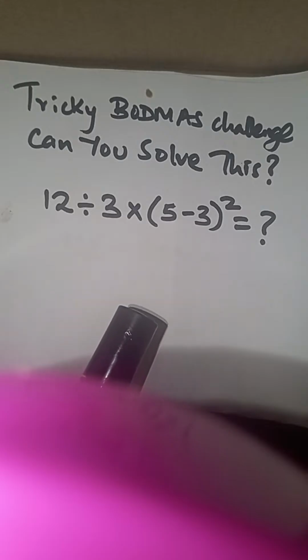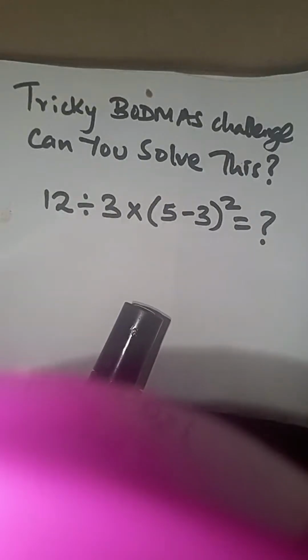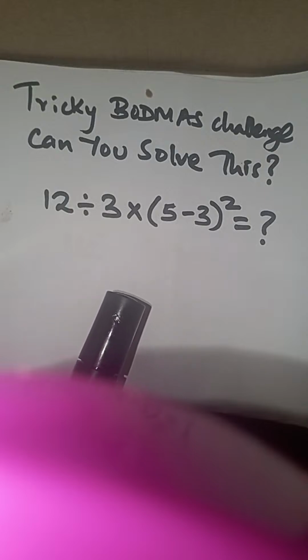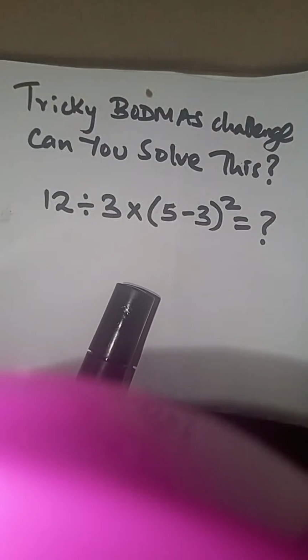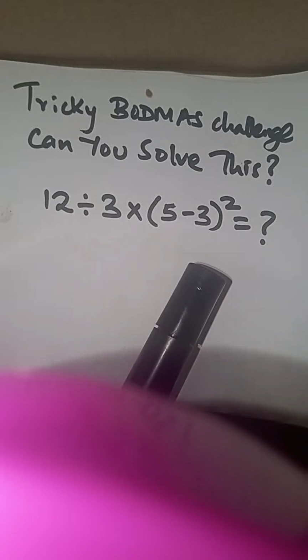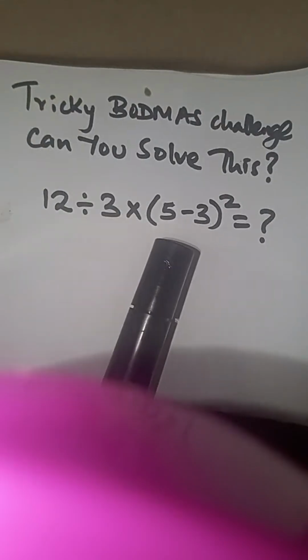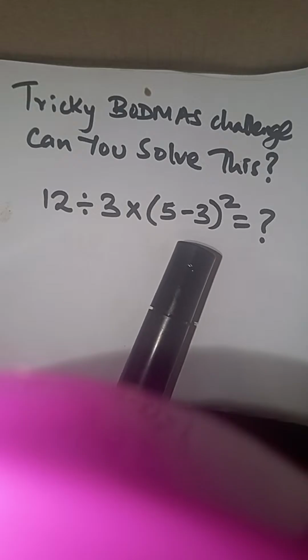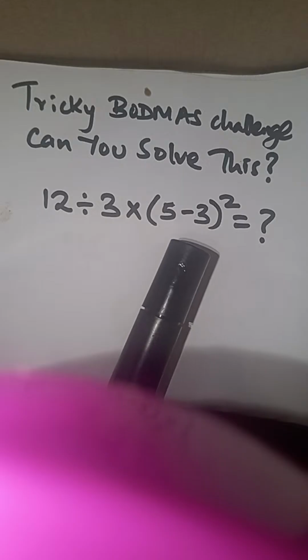Here you're saying that "of" and multiplication, there's no difference. You're saying that 12 divided by 3 is equal to 4, and then taking the square of 5 minus 3 squared, of course, we also get 4. Then taking the product of 4 and 4, you're saying that we're going to get 16.